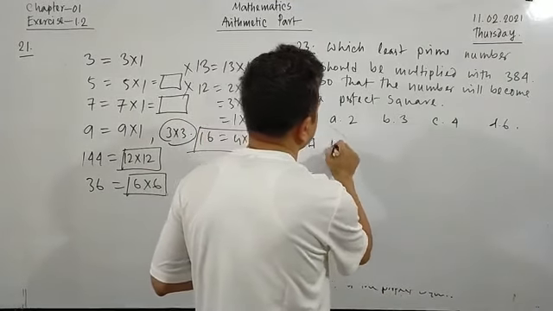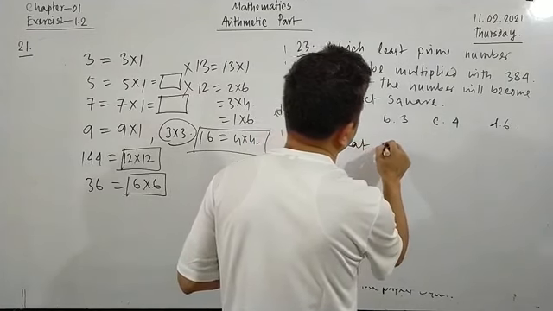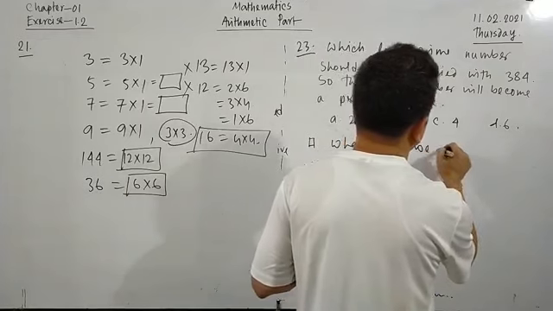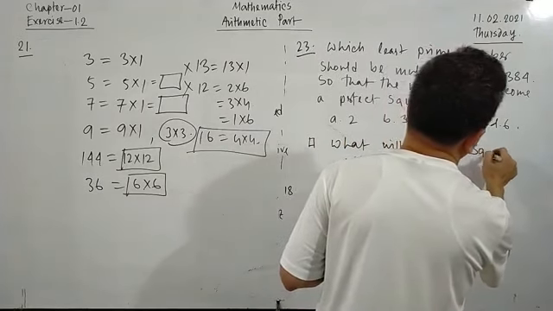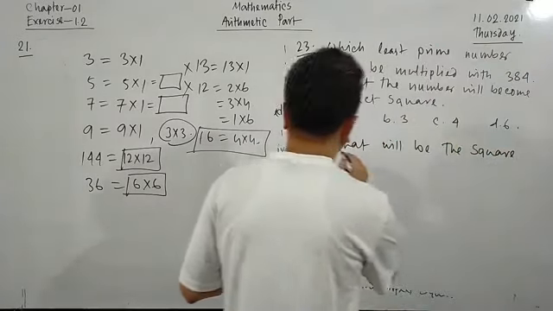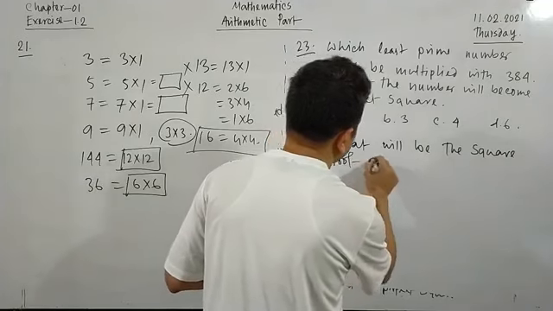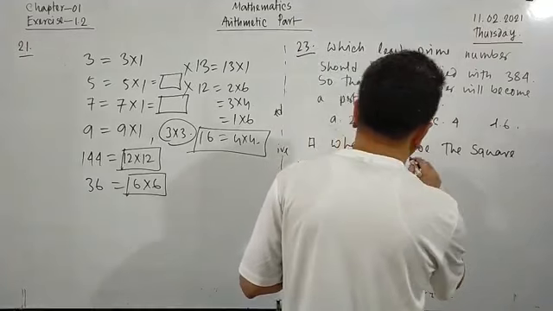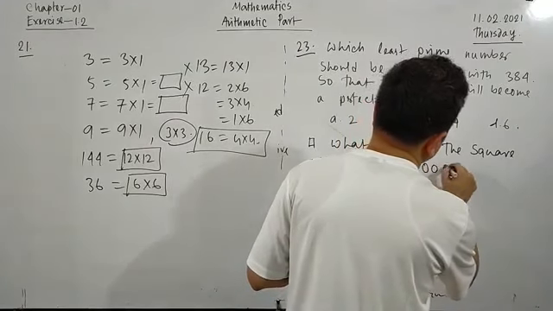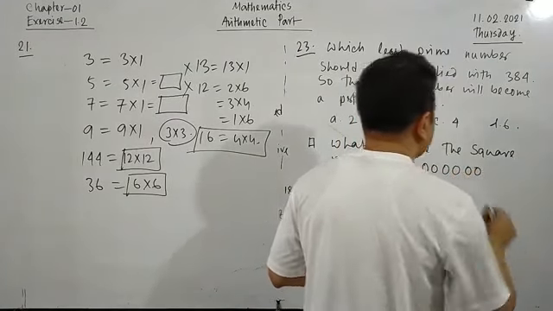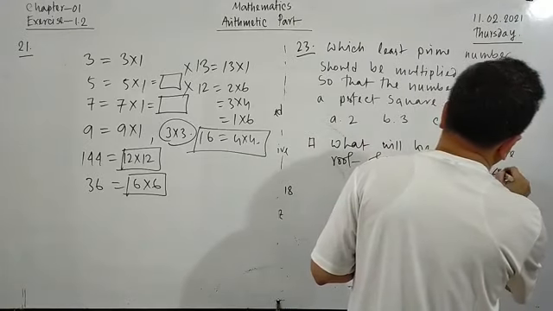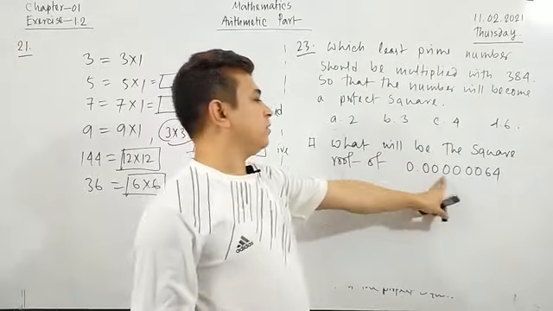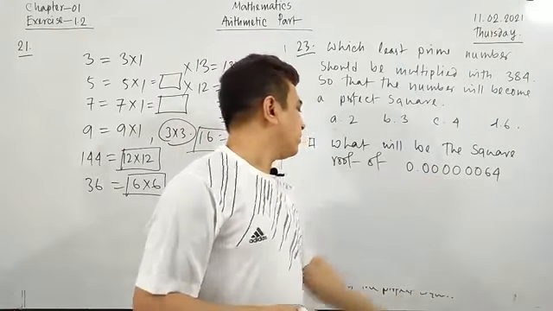What will be the square root of, for example, 0.000000 and 64? Do you understand?